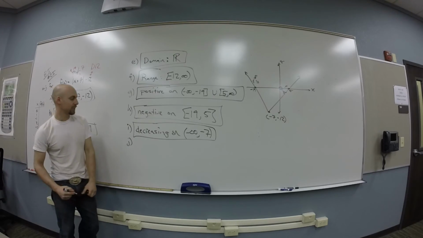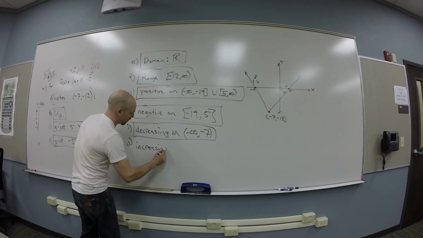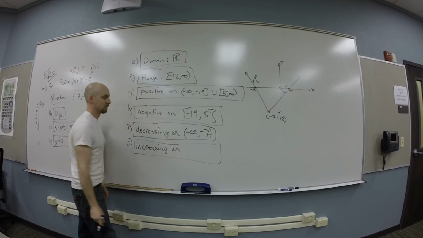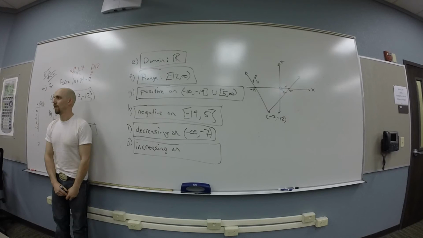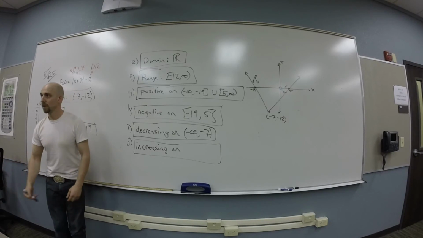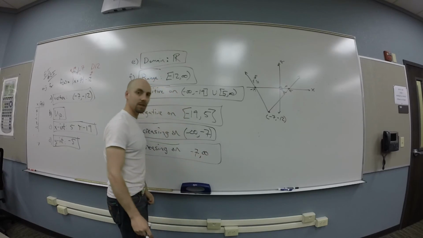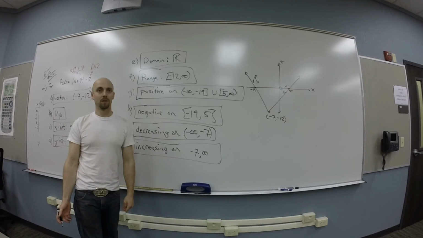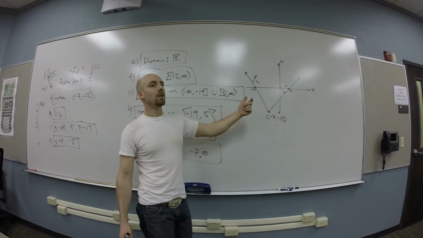And J is increasing. Of the x value. So we're increasing on negative 7 to infinity. You guys see that? Why? We're talking about the inputs for which we're going up.